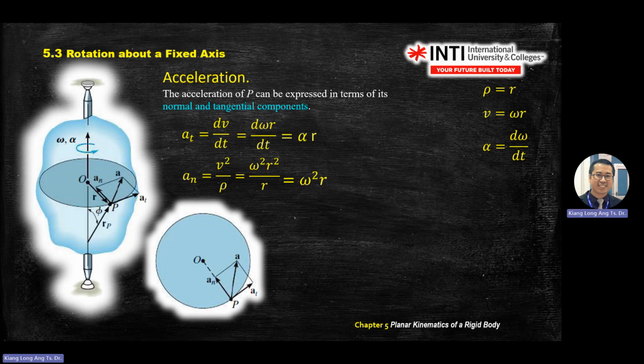at equals alpha r. So don't confuse this one. Don't confuse the left-hand side and right-hand side, and don't confuse between these two. an always has a square. at doesn't have a square, and is always linked with alpha, the angular acceleration.